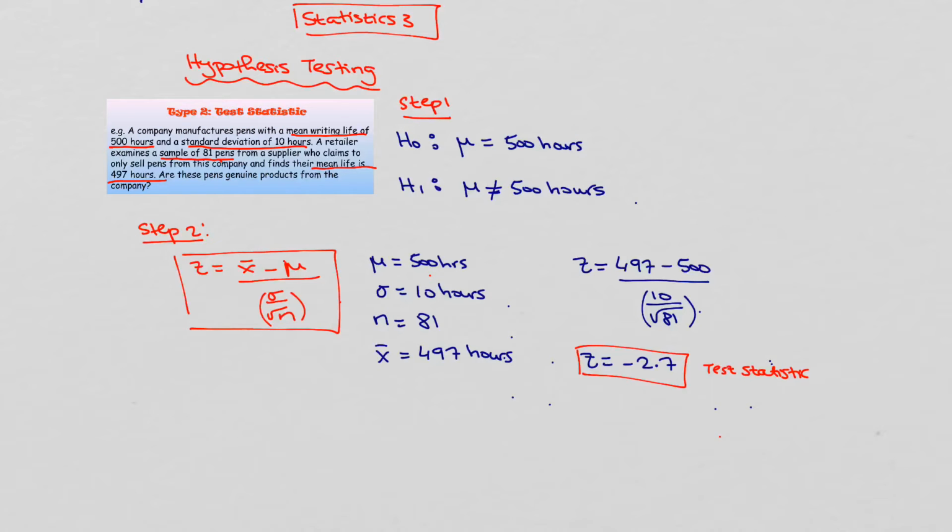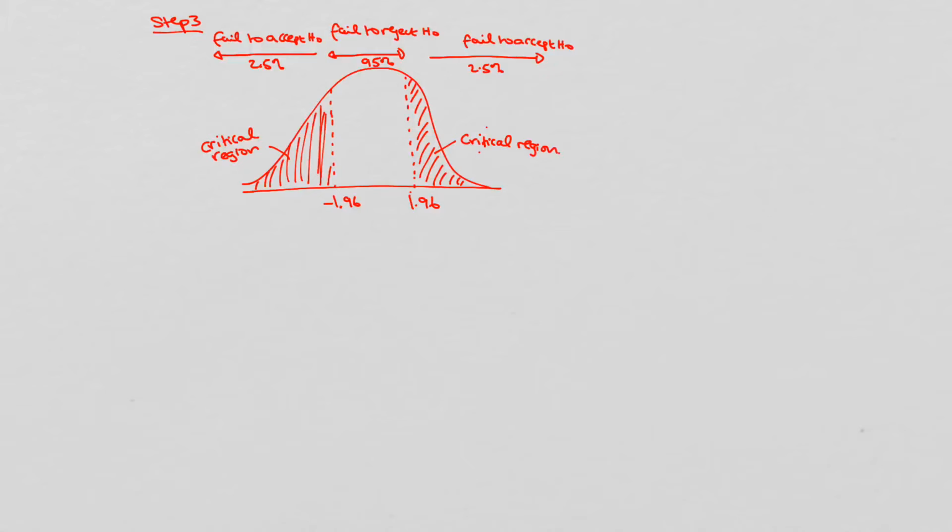So if we go back, what did we work it out to be? We worked it out to be minus 2.7. So it's on the left-hand side of our graph, roughly around here. This is where our test statistic lies. So we can say minus 2.7 is less than minus 1.96.